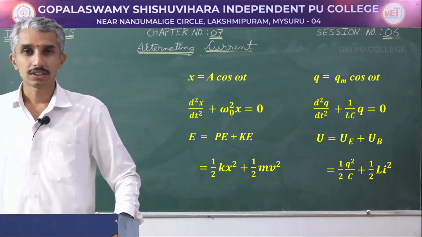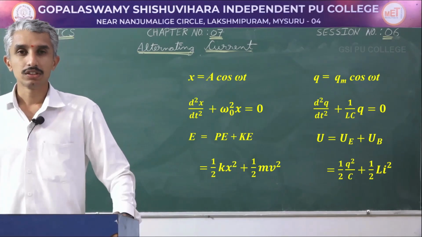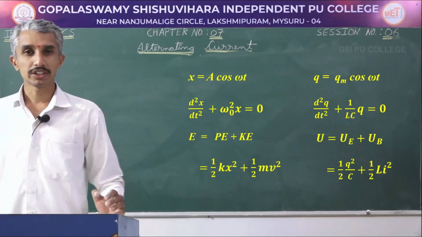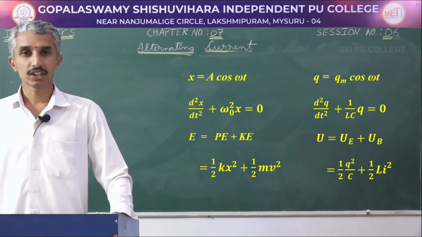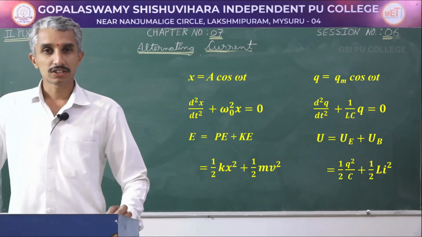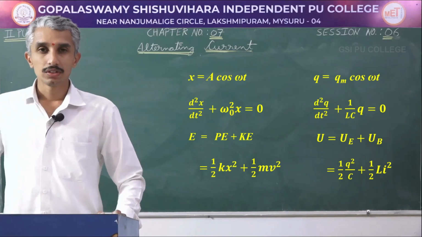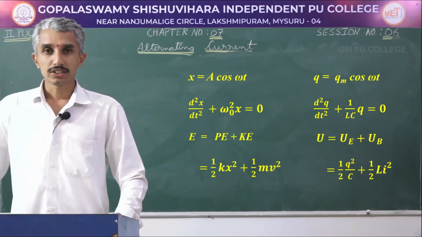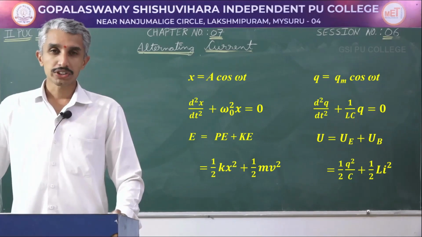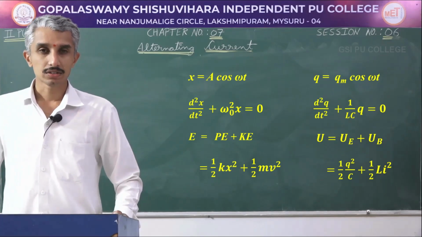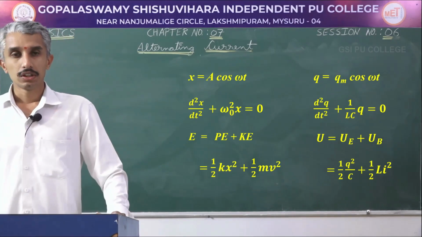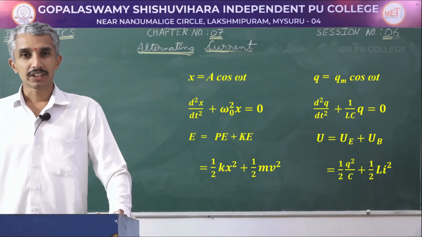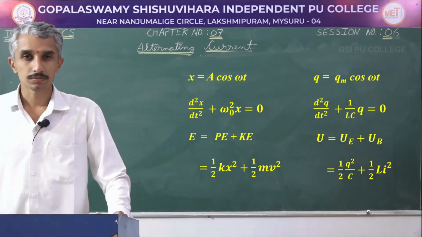We will also consider the third equation, which is the energy possessed by mechanical oscillations and energy possessed in an electrical oscillation. In mechanical oscillations, you have the expression the total energy equivalent to potential energy plus kinetic energy, where the potential energy is given by half kx square and the kinetic energy is given by half mv square.